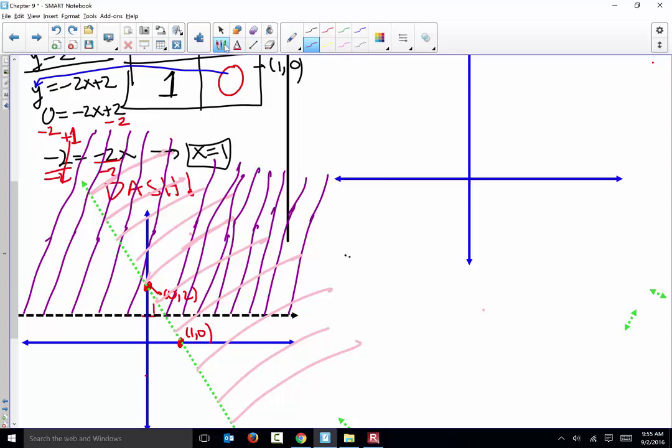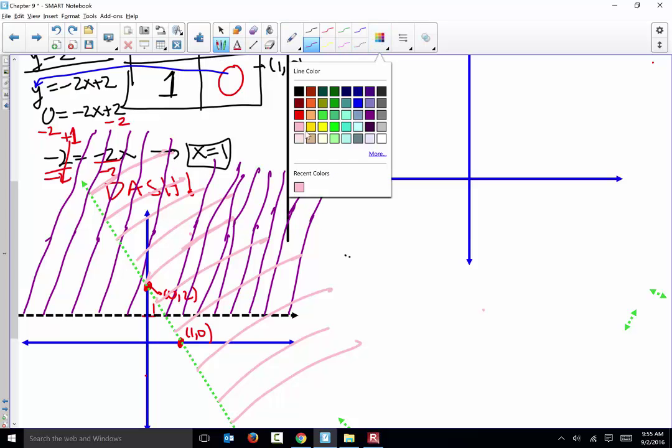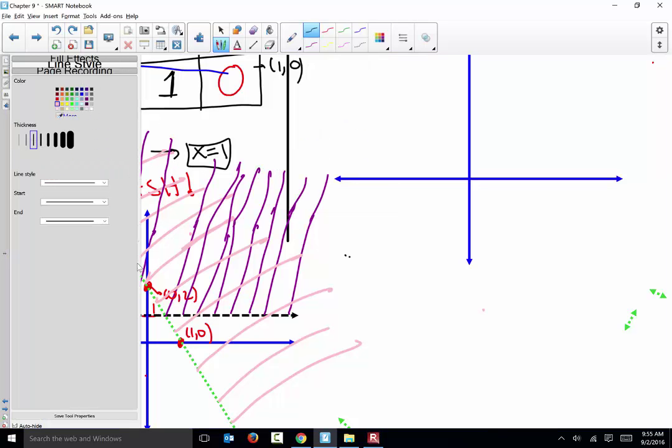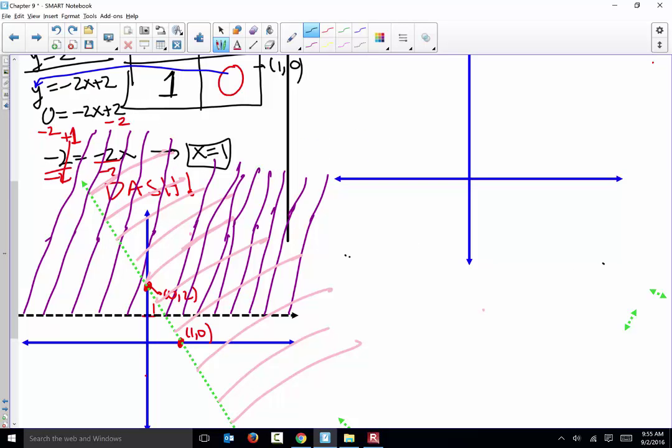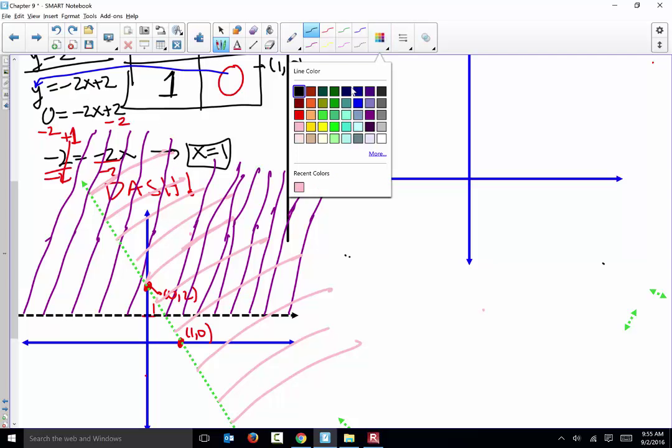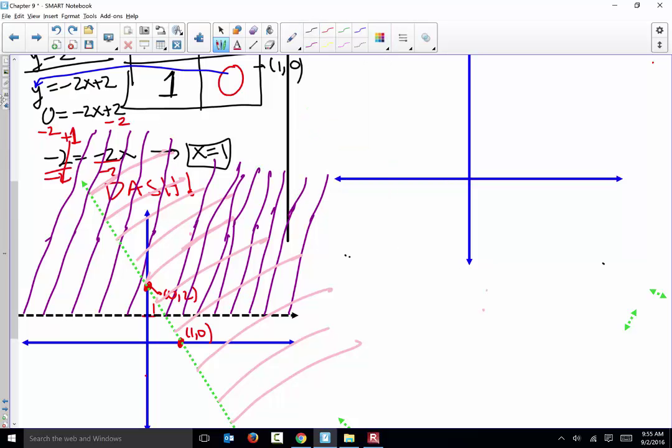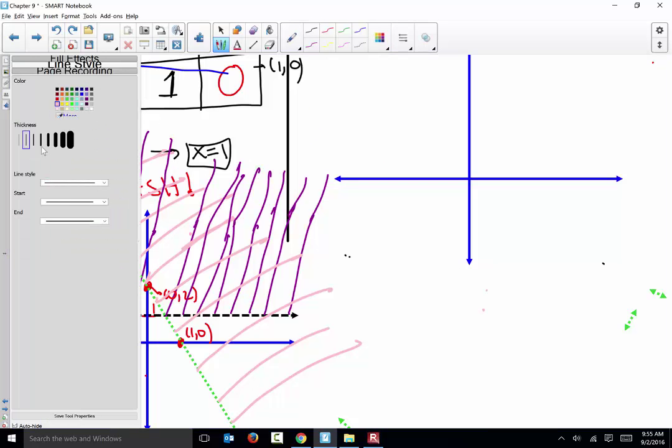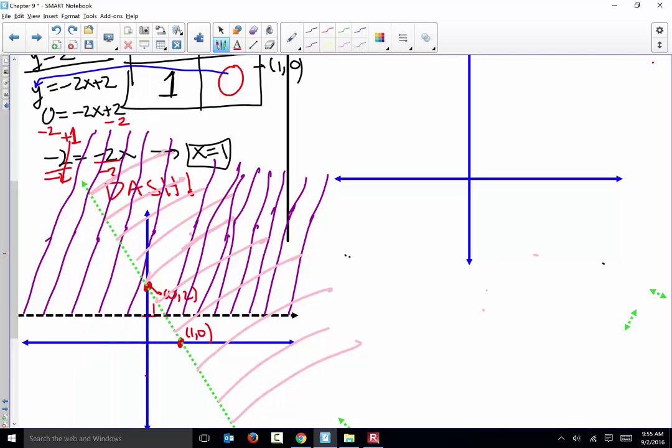How about our pink? No. Yeah, do you see that?